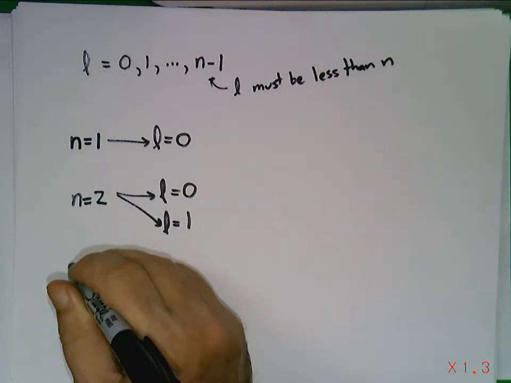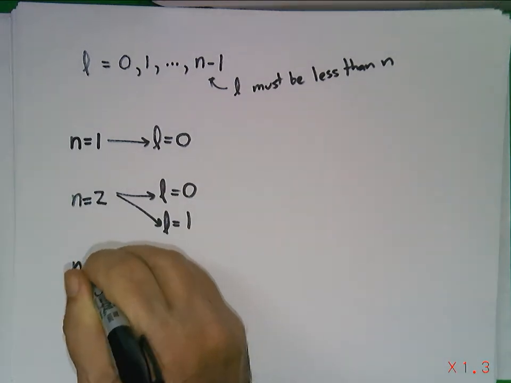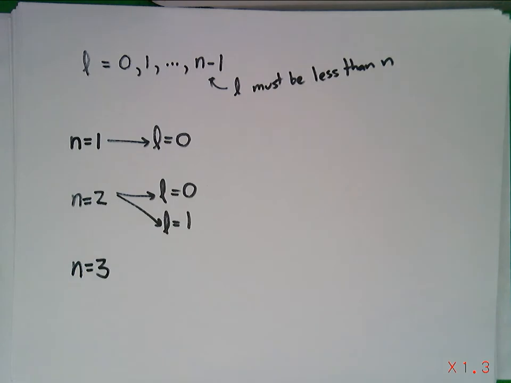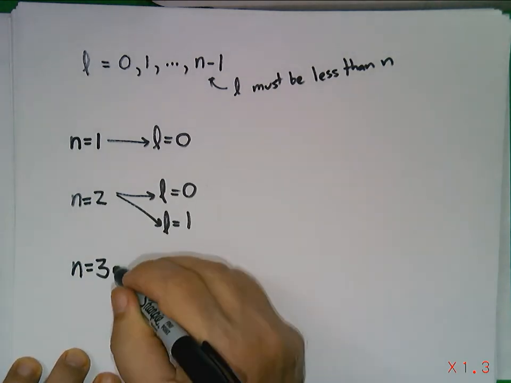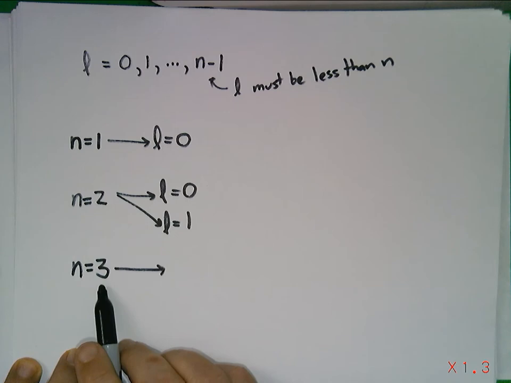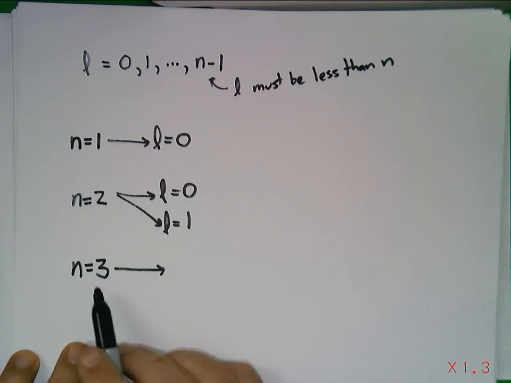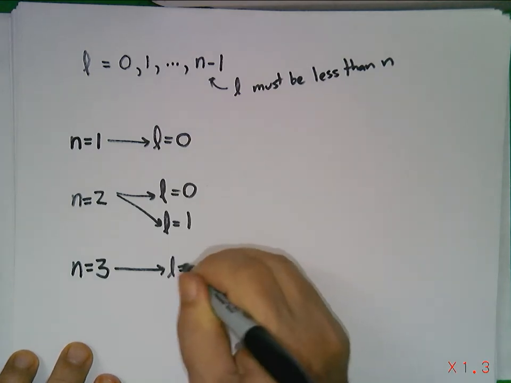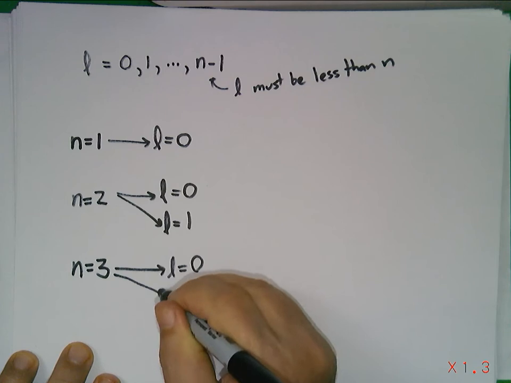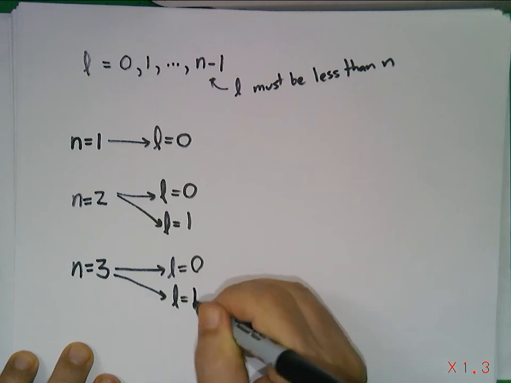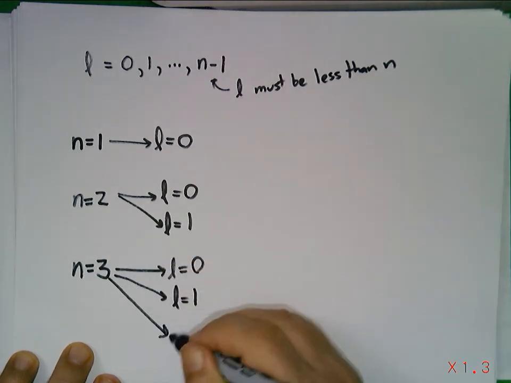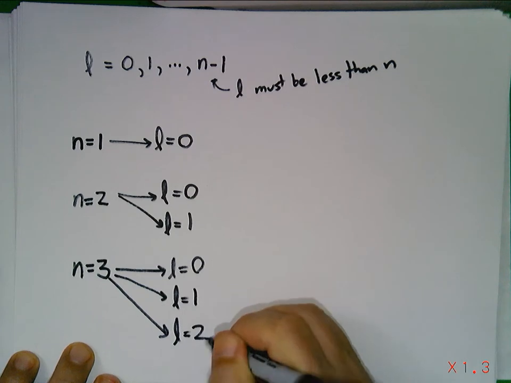What about n equals 3? Well, what's the biggest value of L that you can have? It'll be n minus 1, so it'll be 2. So you can have L equals 0, L equals 1, L equals 2.